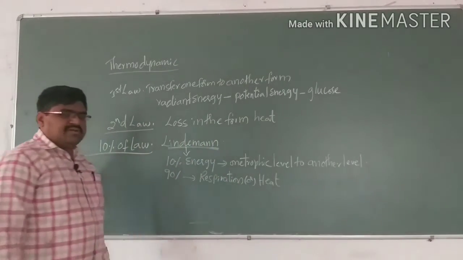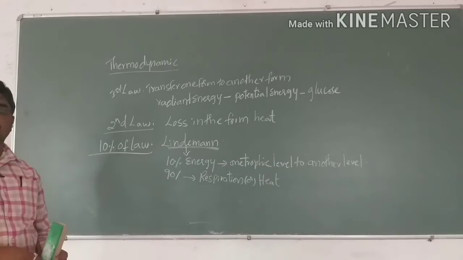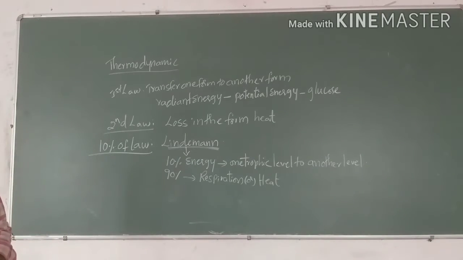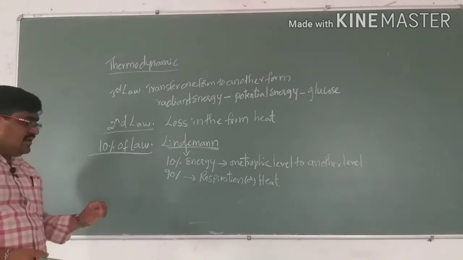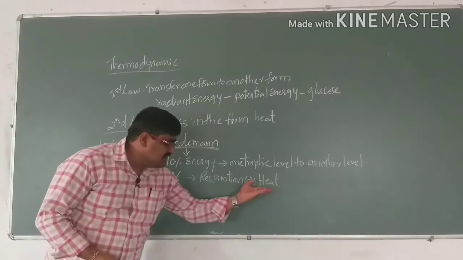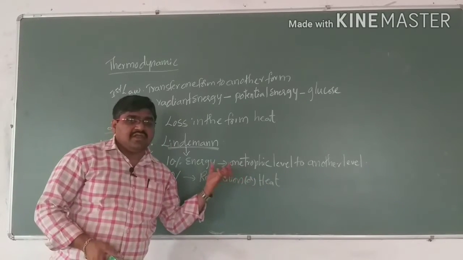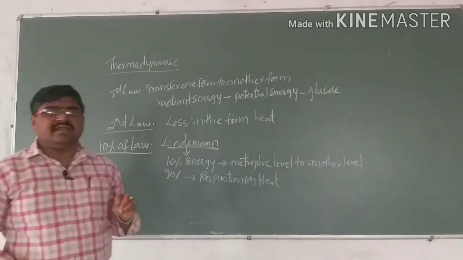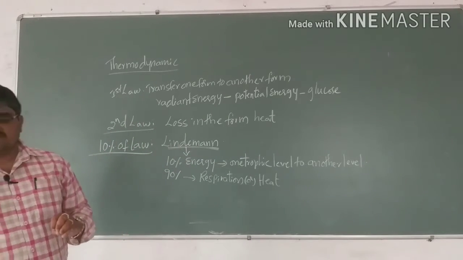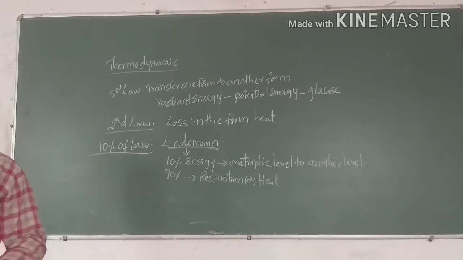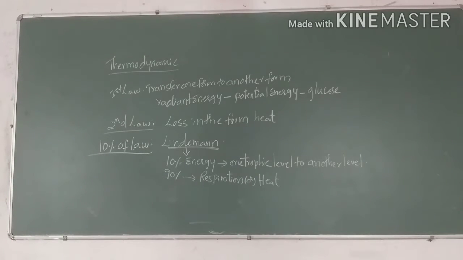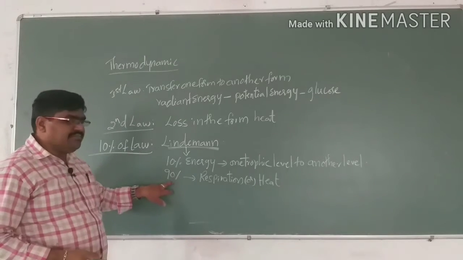That means 90% of the energy is utilized for metabolic activities in the form of respiration, and otherwise it will be lost in the form of heat or decomposition. That 90% will be lost in respiration, heat, and decomposition, or wasted.